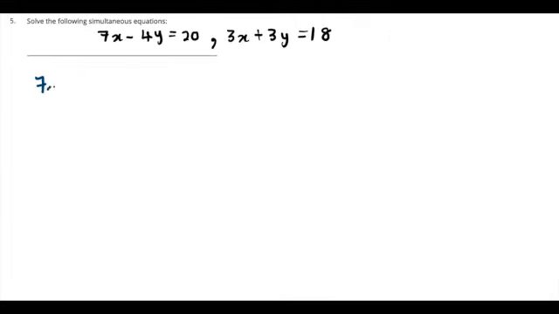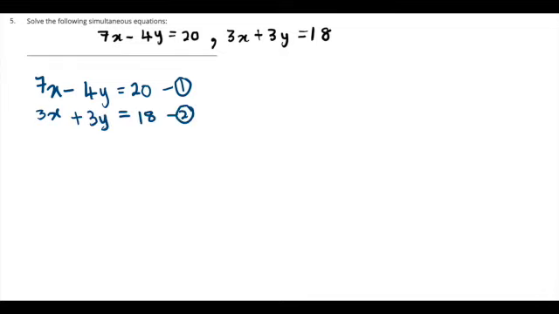Number 5, 7x minus 4y equals to 20 is our equation 1. 3x plus 3y equals to 18 is our equation 2. So now, neither equation 1 or 2 has a single term. So I can choose any equation I want.